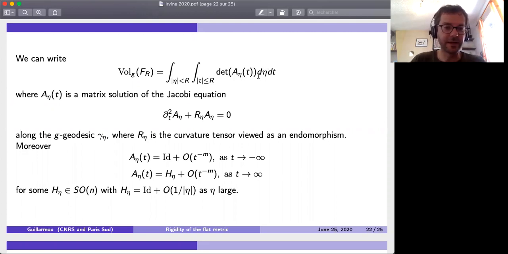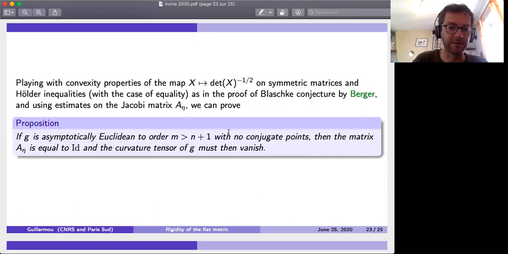And this limiting case is exactly the case of Euclidean space. So it's a sort of convexity. You show that you have an inequality, and if there is equality, then A has to be the identity, using this kind of proof à la Berger.